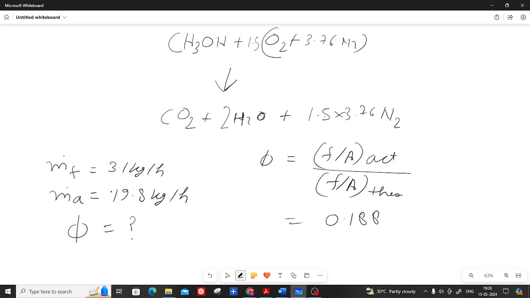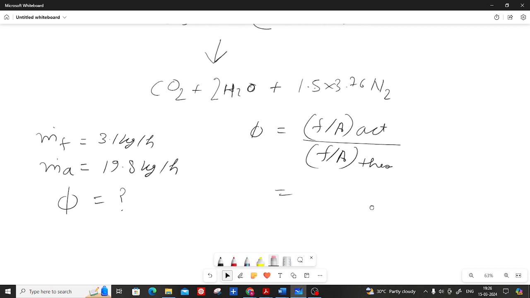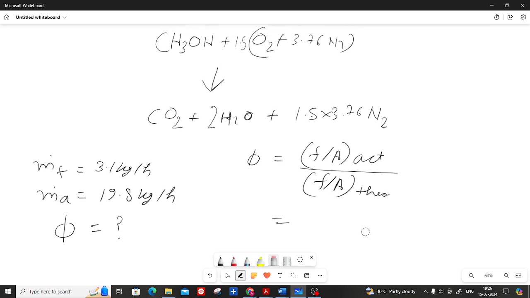This 0.188? No, it is not correct. May I know how did you get 0.188? Sir, I calculated the theoretical mass of the fuel, that is 12 plus 4 plus 16, for methanol, that is 36 kg. 12 plus 4 plus 16, that is 32.